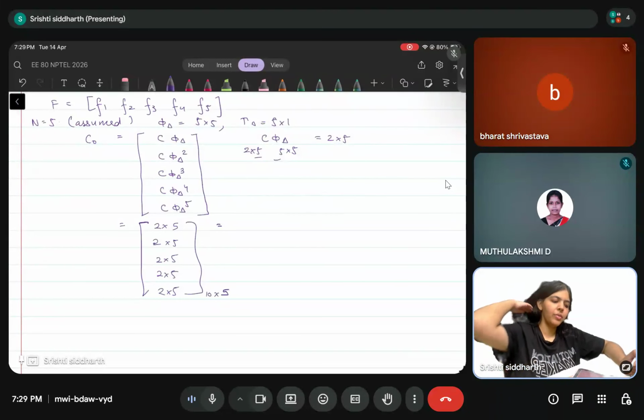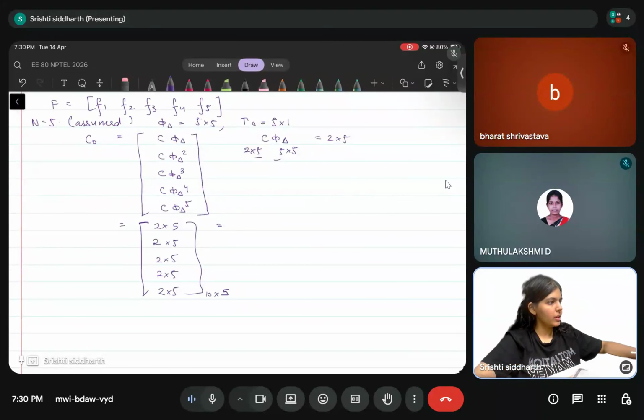It is going to be 10 by 5, 10 rows and 5 columns. So you can extract the first row, right? So again, this is one of the assignment questions. We can calculate the first row of C.